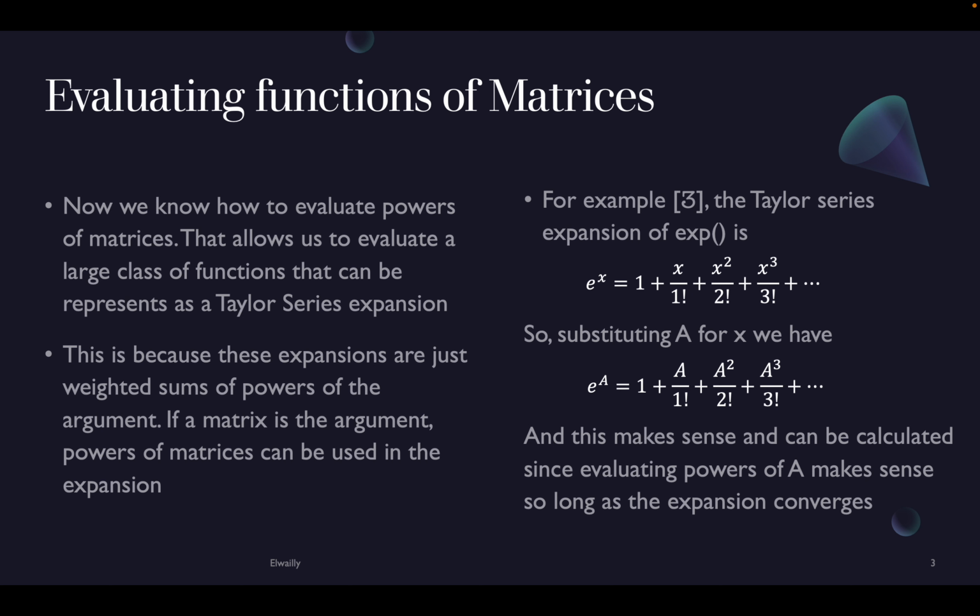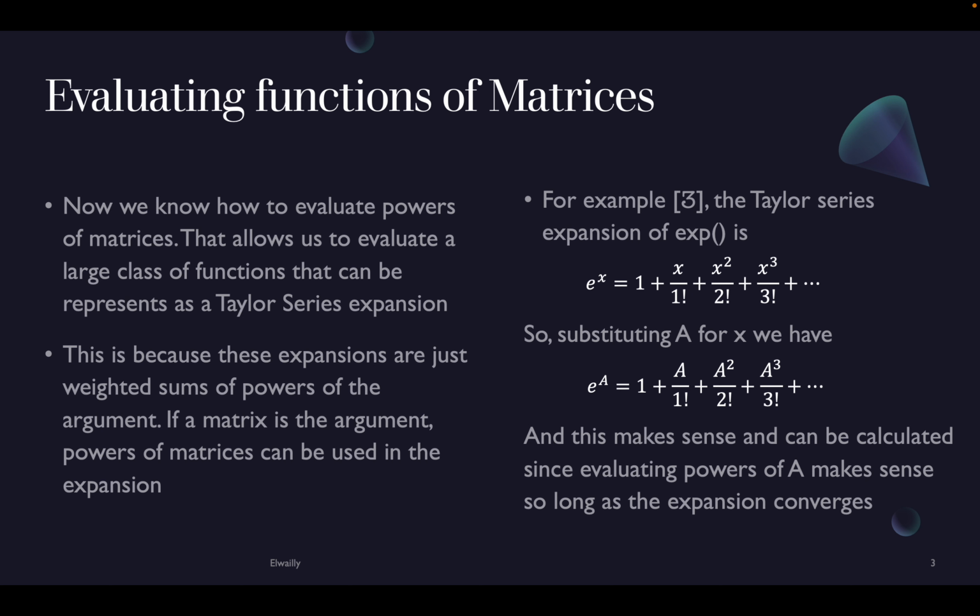Once we can evaluate powers of matrices, we can take odd functions of matrices, any function that can be represented as a Taylor expansion. The reason behind this is that a Taylor expansion is simply a sum of powers. So any element that we can take the power of, we can plug into a Taylor expansion.